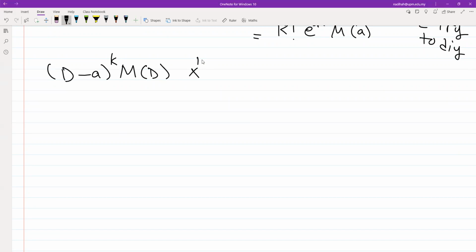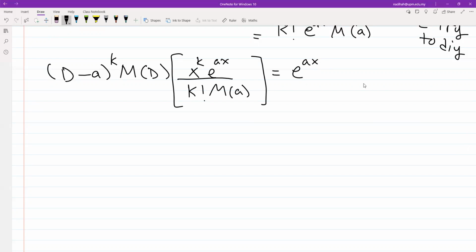On the right hand side, x^k e^(ax) divided by k factorial, so this is equal to e^(ax) as long as M of a is not equal to 0.